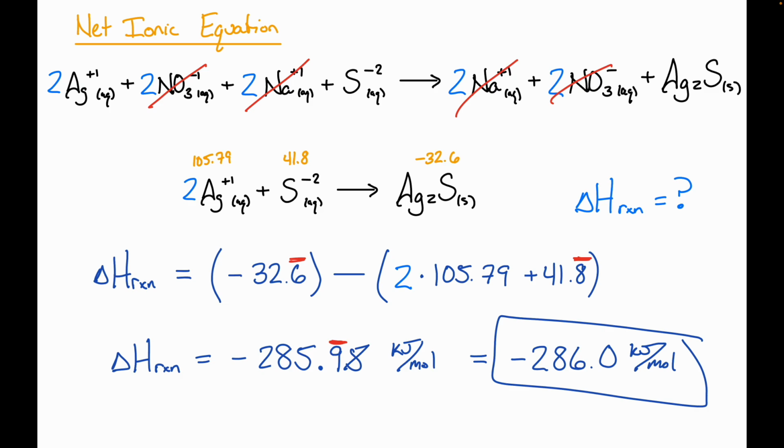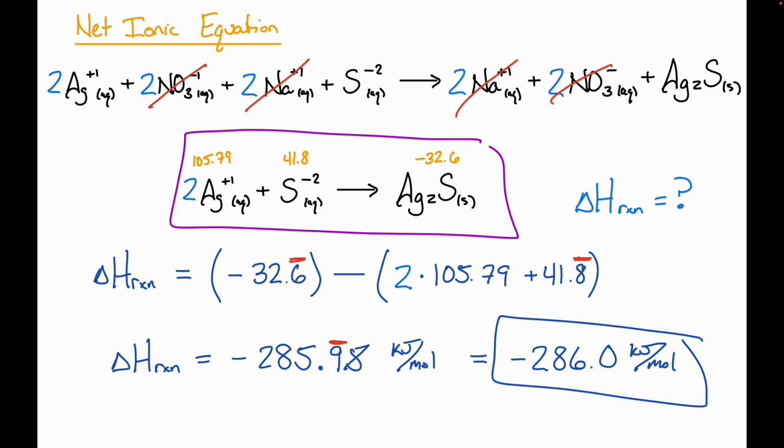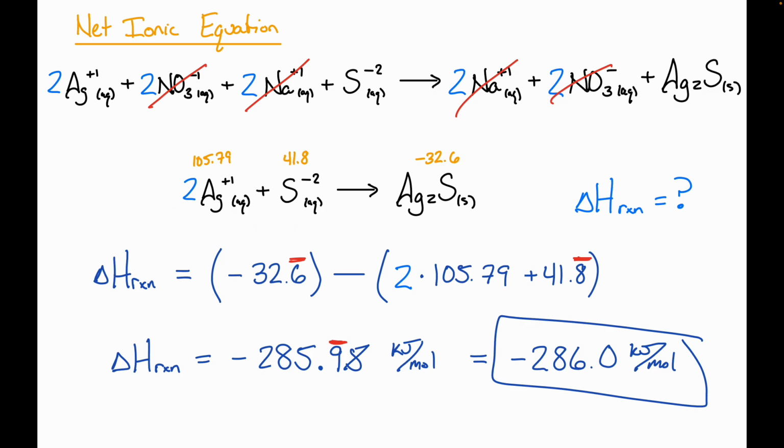Okay? So if we want to figure out the delta H of this reaction, we don't care about those spectator ions. They're not participating in this chemical reaction. So we're going to first get our net ionic equation, and then we can look up those ions in compounds using that same method we learned last time. Products minus reactants, and we can figure out the delta H of these solution reactions.